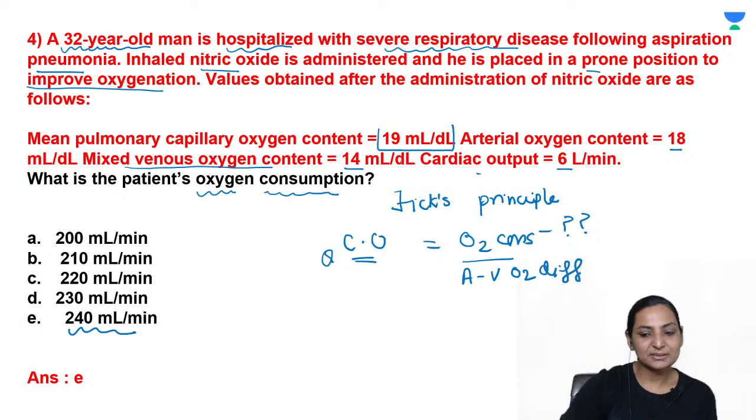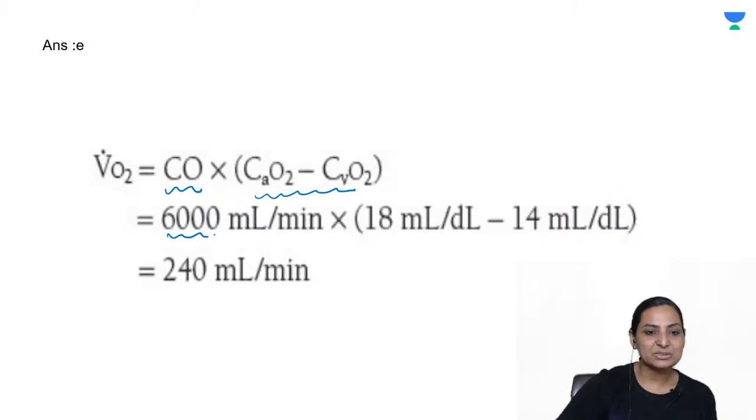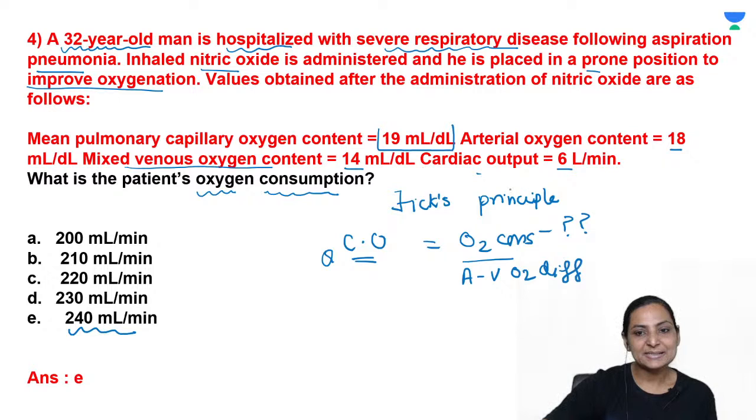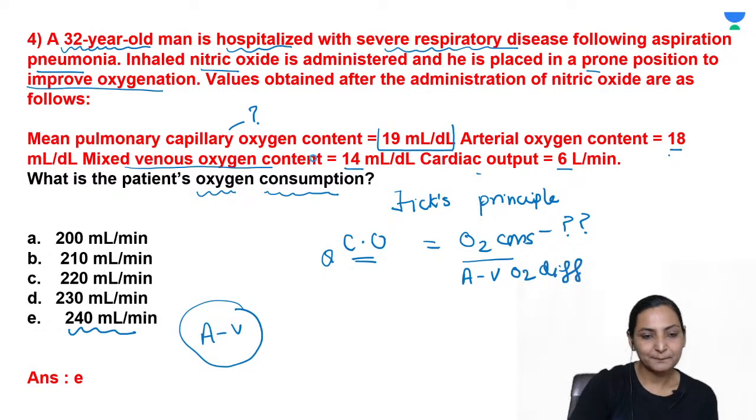Cardiac output is 6 liters per minute, which I can write as 6000 ml, and the arteriovenous difference is 18 minus 14, so it becomes 240 ml per minute. 18 is the arterial oxygen content and the mixed venous content is 14. The mean capillary oxygen content is given just to confuse you, but remember we are supposed to take the arteriovenous oxygen difference, which is 18 minus 14.